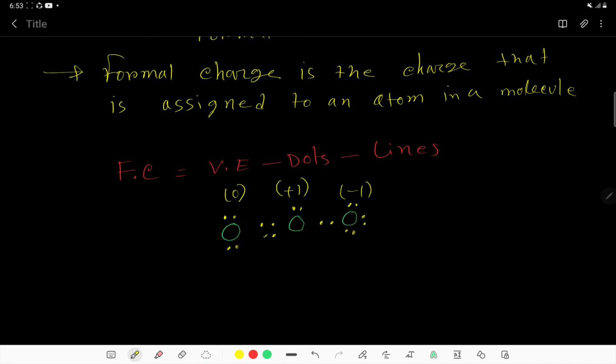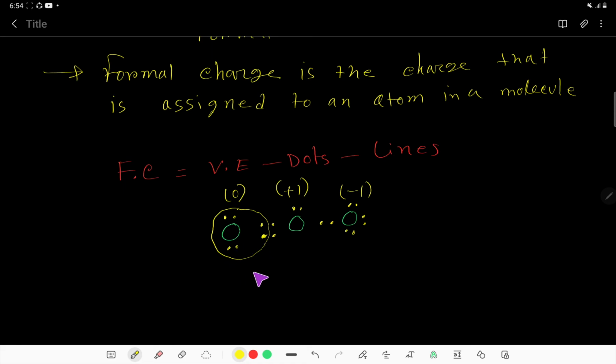Now to find formal charge, I have to draw a circle. So for this oxygen, I will draw a circle like this. This circle includes all the lone pairs of the atom, but includes only half of the bonding electrons, right?